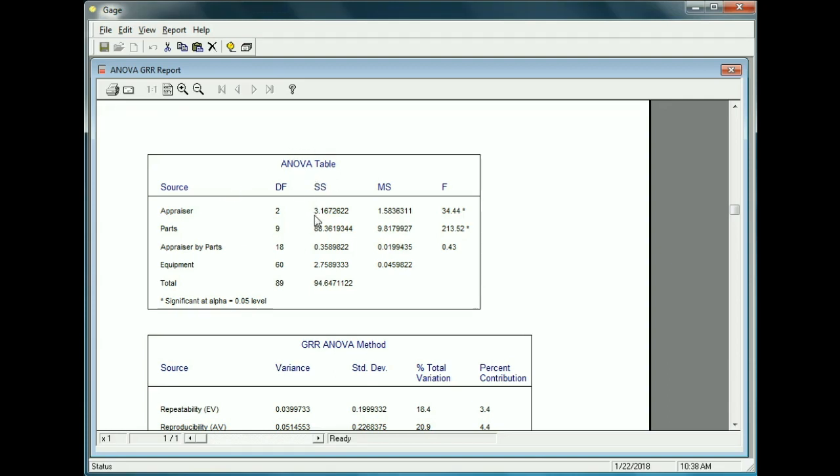So the first thing that we calculate in the ANOVA table is to see what's important and what's not important relative to variation. Without getting into detail here, I'll leave that to you to have a look at the AIAG reference book.